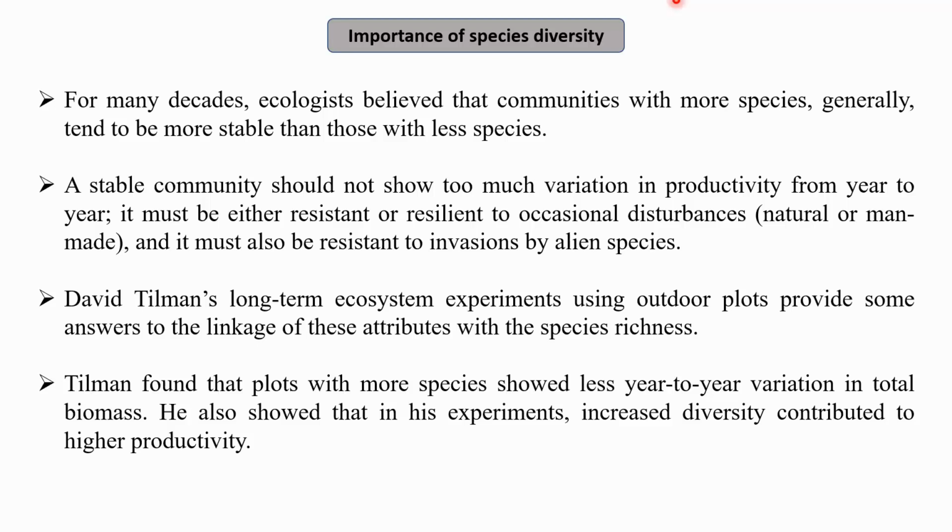He also showed that increased diversity contributed to higher productivity, thereby suggesting that biodiversity has an important role in the development of any community, and also in higher productivity of the ecosystem.